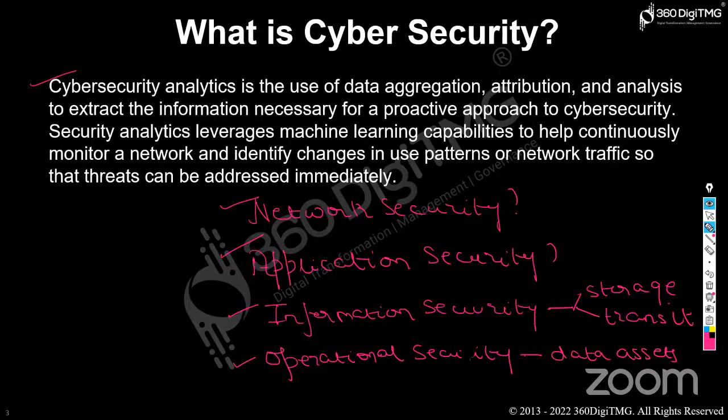The permissions that users have when they are using a network, and the procedures that determine how and where data may be stored or shared, fall under this umbrella. That is your operational security, right?